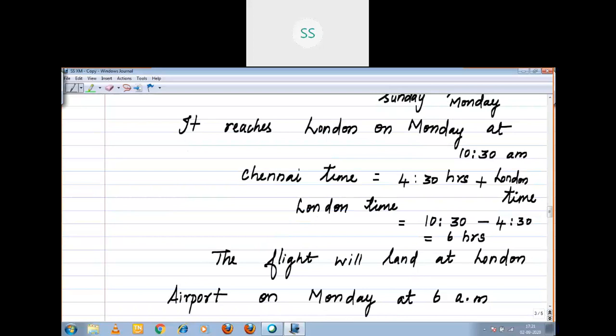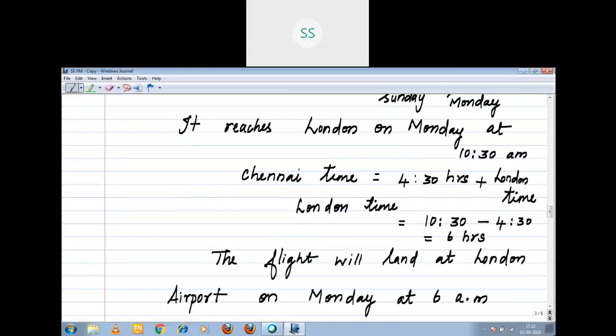See, it is given that Chennai is 4.5 hours ahead. That's why Chennai time is equal to 4 hours 30 minutes plus London time. It is given Chennai is 4.5 hours ahead, means positive plus London time. London time we got as 10:30. So using the format we arrive at London time equal to 6 hours.